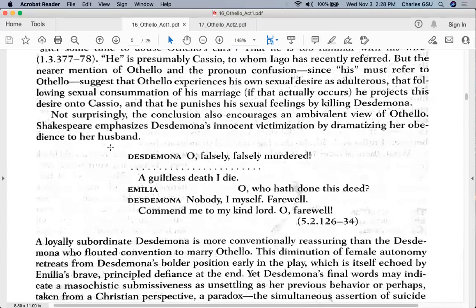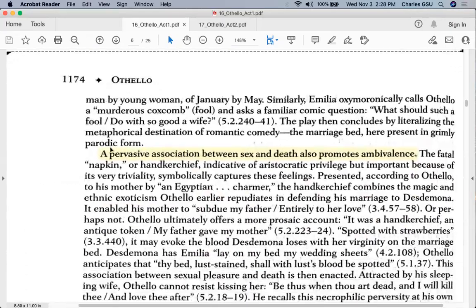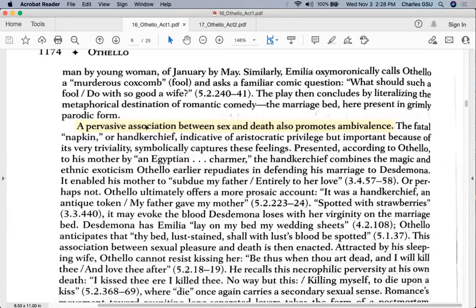So a little bit later in this essay, Cohen points out that there's an association between sex and death. This is one of the plays that is less often taught in high school.